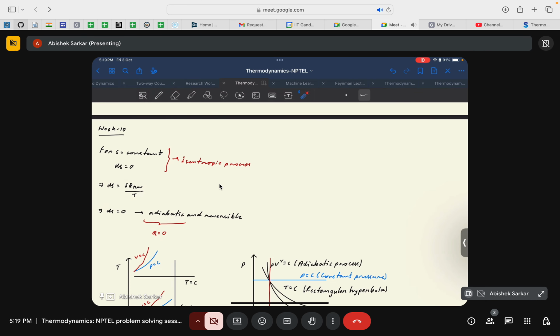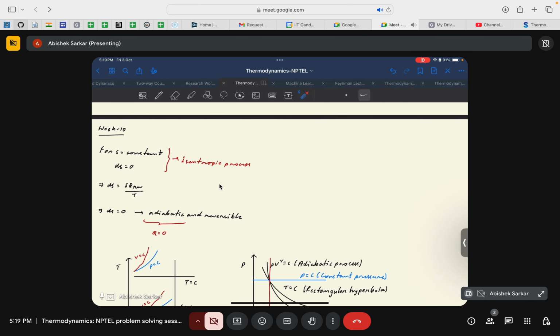And we also introduced the TS plot in the last lecture. Before last week's lecture, we had been primarily working on the PV, pressure volume plots or pressure temperature plots, and we also discussed the temperature entropy plots. But I mentioned time and time again that since we had not formally introduced entropy, it would not make much sense.